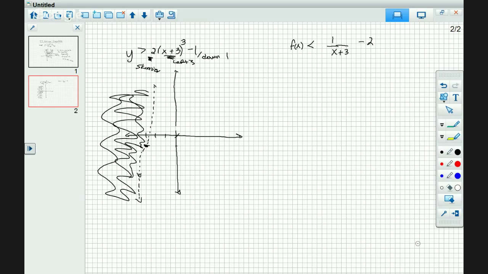So we're gonna shift it around a little bit. Okay, this is the parent. That's the main one. So we're gonna take that and shift it left 3 and down 2.